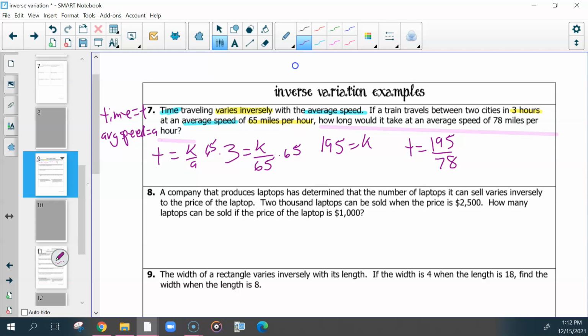So we put 195 over 78, and our answer here would be 2.5, and in this case, I would assume it's hours. Make sure that you put your units, since this is an application word problem.